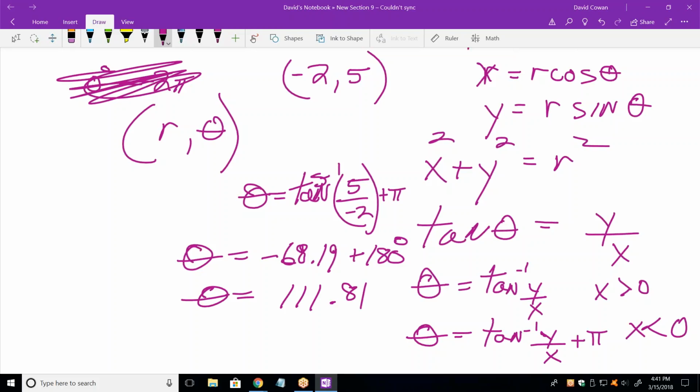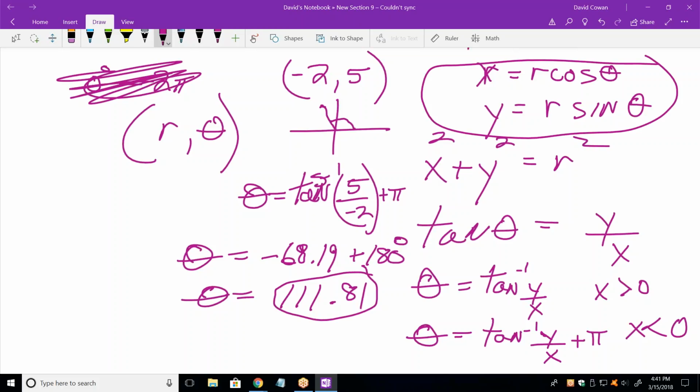If I were to graph that point, I would go minus 2, up 5, so I'd be in the second quadrant. That certainly is 111 degrees. So it ballparks correctly. Okay. And now to figure out R, let's go over to these equations.